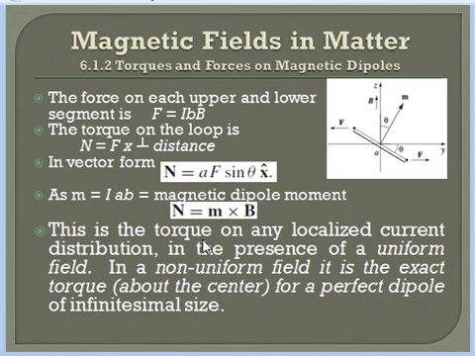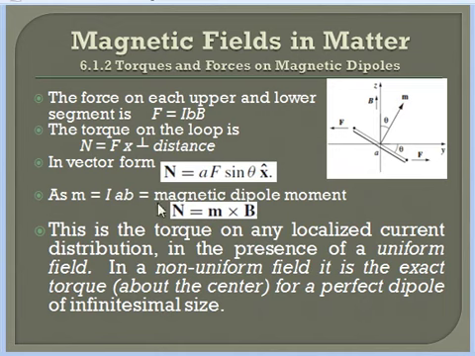So in the case of a uniform magnetic field, we see that the total force acting on the dipole is 0, but the total torque acting on the dipole is M cross B. So this is valid for any localized current distribution in the case of a uniform magnetic field. Now in a non-uniform magnetic field, this expression for torque is correct only for a perfect dipole of infinitesimal size.